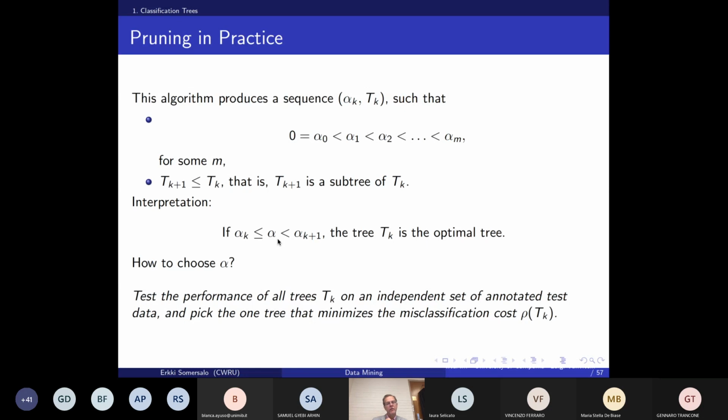And that's the tree that you're using for classification afterwards. Okay, so this is the idea. One half of the data for constructing, then you do pruning, and then you do testing. So there are like three phases here. And this is a rather well tested way of doing things, and this is what we suggest here.